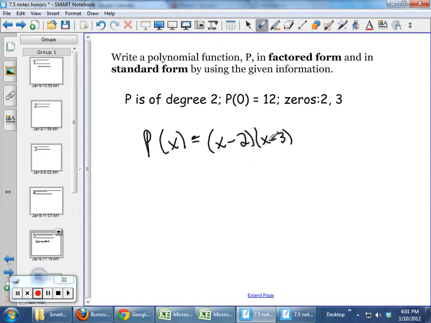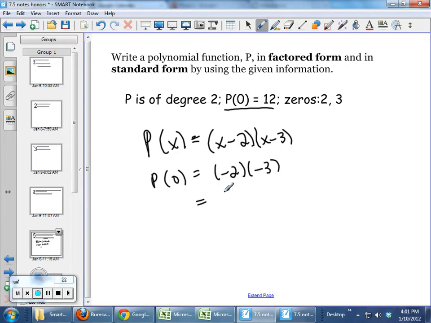It's of degree 2, and the zeros are 2 and 3. Now the problem is, it says p of 0 equals 12. And what that means is, if we put 0 in for x, we're going to get negative 2 times negative 3, which is not 12.